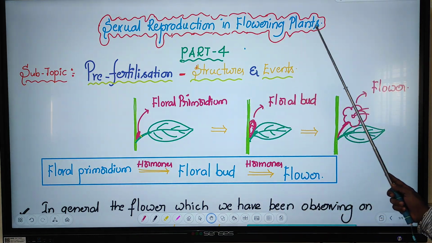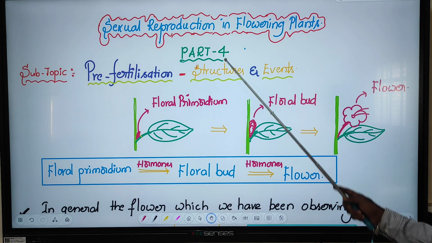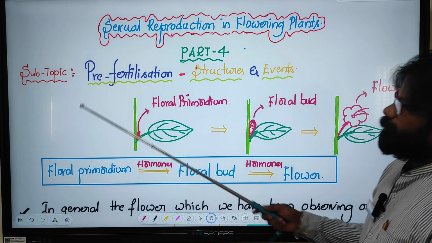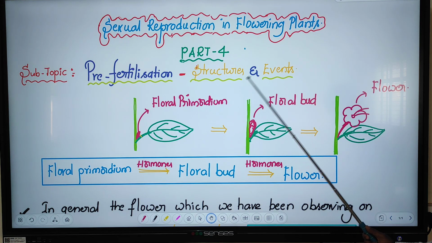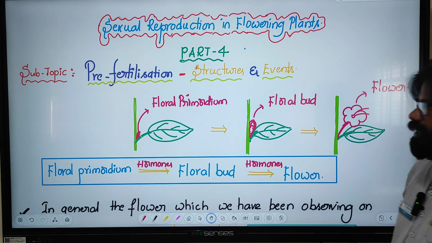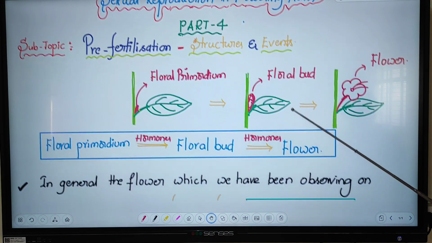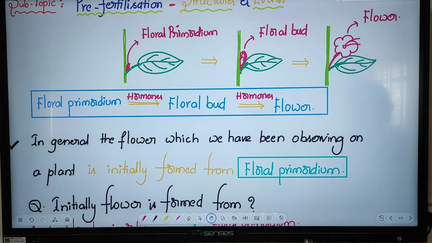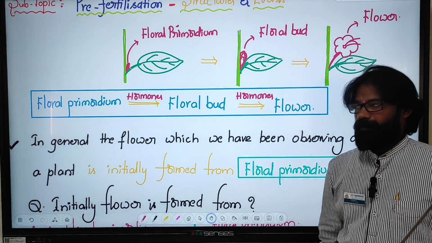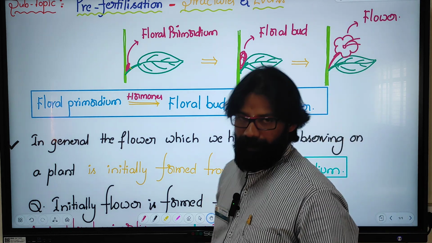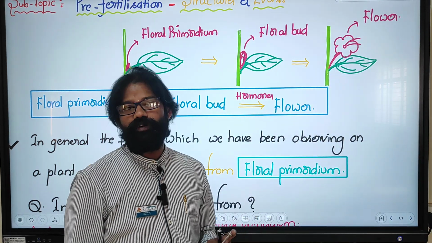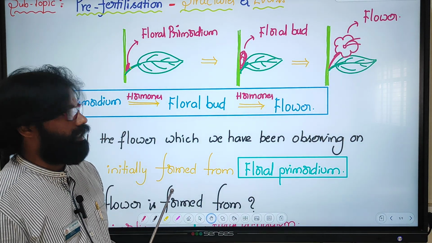Sexual reproduction in flowering plants, part 4. Here in the subtopic pre-fertilization, structure and events, in this first part, how a flower forms. First the flower forms from the primordium to the floral bud to the flower.